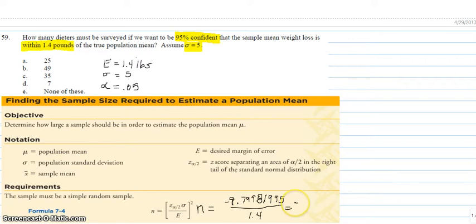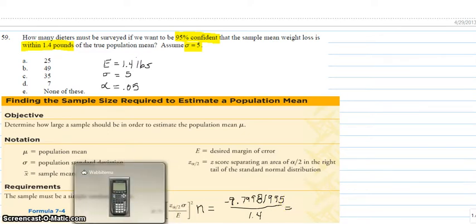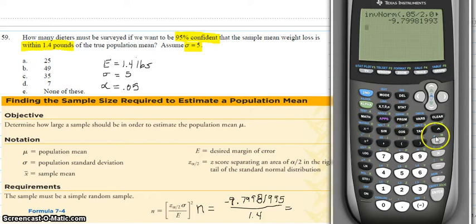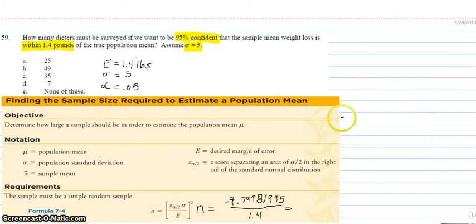Let's bring the calculator up again. We'll take our answer and divide that by 1.4. We get an answer of negative 6.999871379. Let's bring this down and write our answer out.